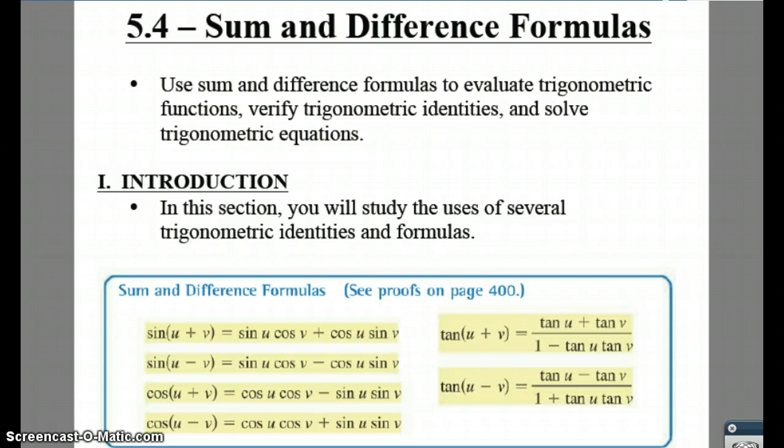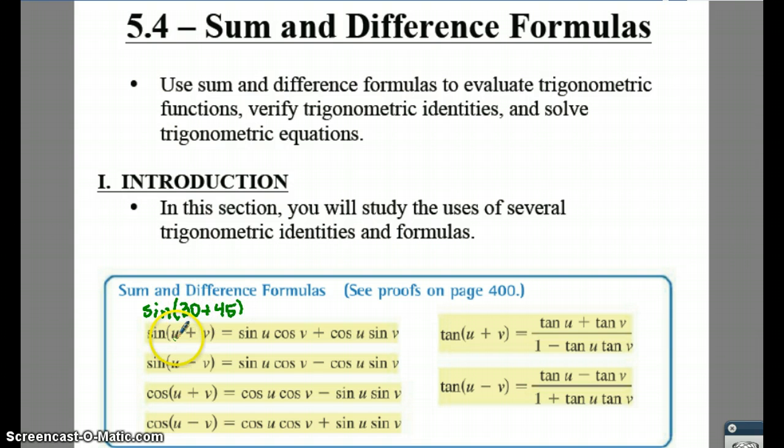So notice down here you have some sum and difference formulas. We're going to have the sine of two values that we're going to add together. So say we have the sine of 30 plus 45.